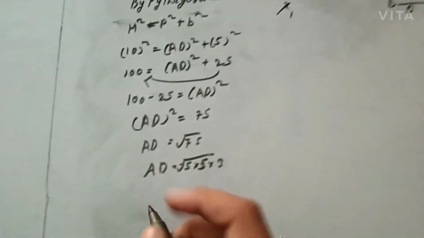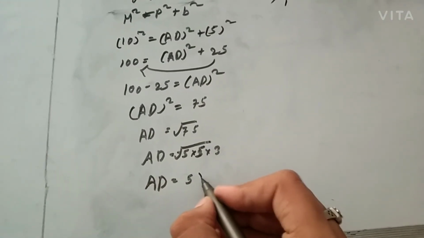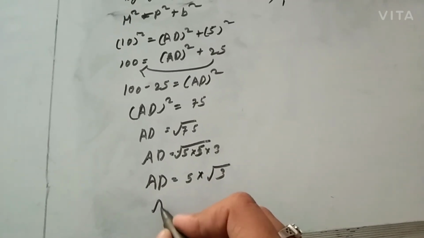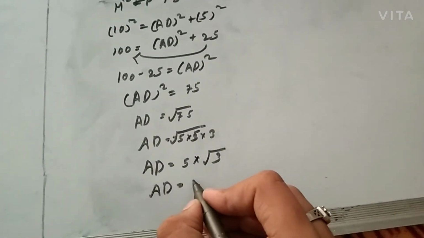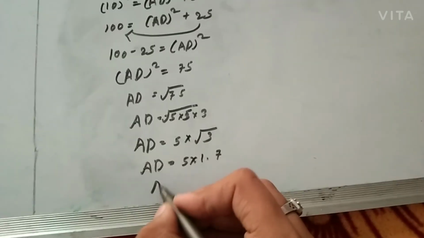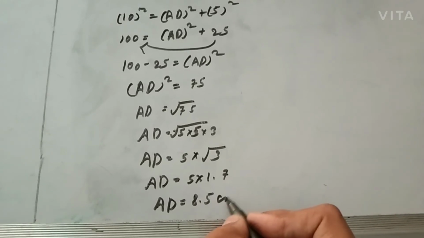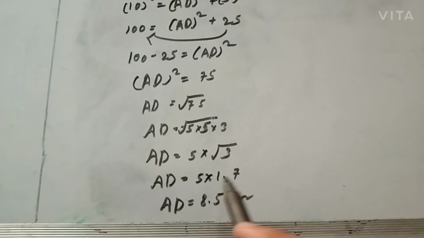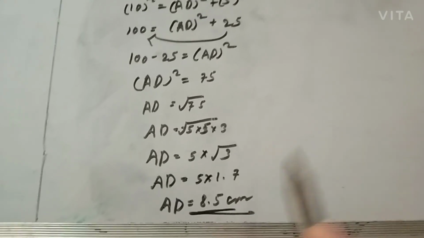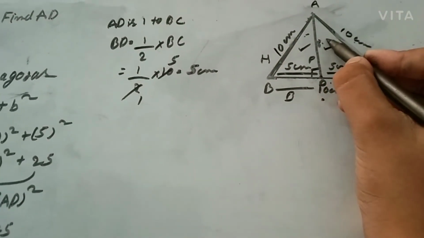So our answer will be AD equals to 5 into root 3. So the answer will be AD equals to 5 into 1.7, means AD equals to 8.5 centimeters. Multiply these, so we will get the answer 8.5 centimeters. So our AD is 8.5 centimeters.